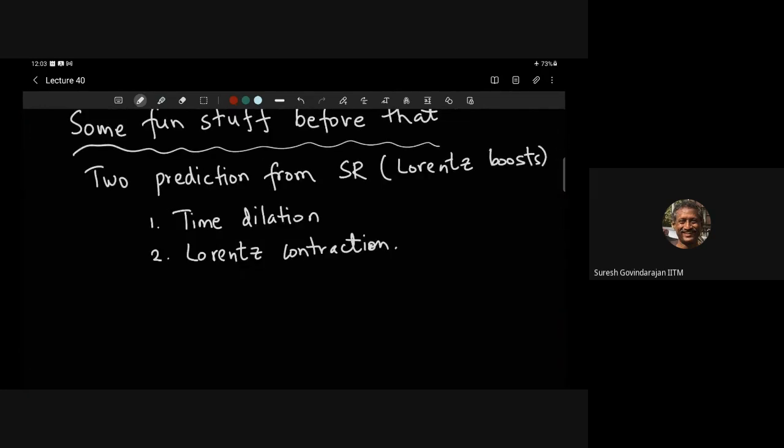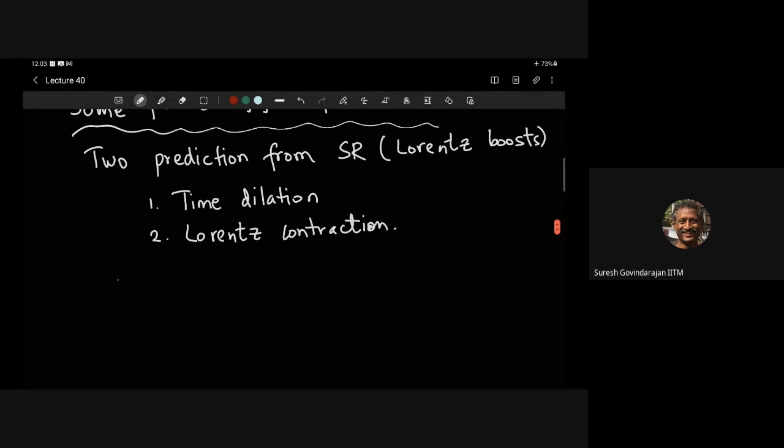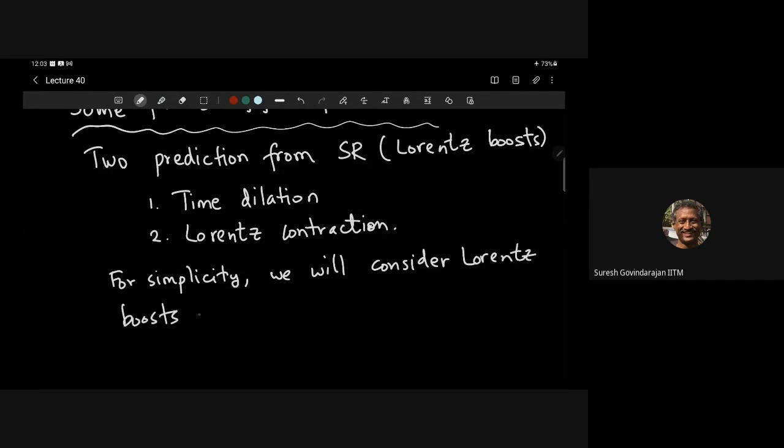And so what we will do, we'll begin with a setup where, for simplicity, we will consider Lorentz boost in the x direction. I will ignore the other two.